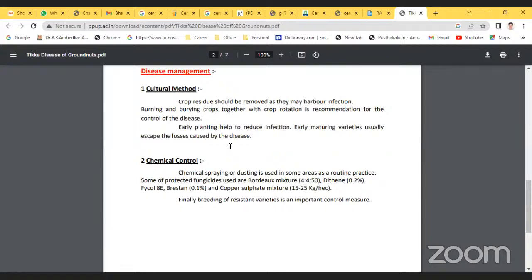So what are the symptoms? The symptoms of this Cercospora disease in groundnut: Cercospora personata and Cercospora arachidicola cause leaf spot disease in groundnut, popularly known as Tikka disease, right?